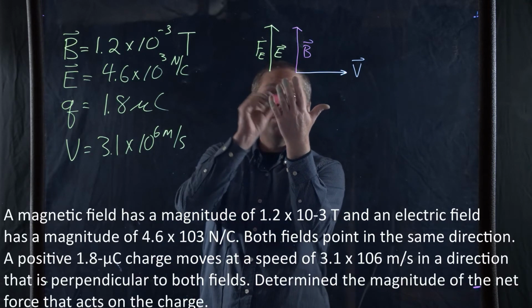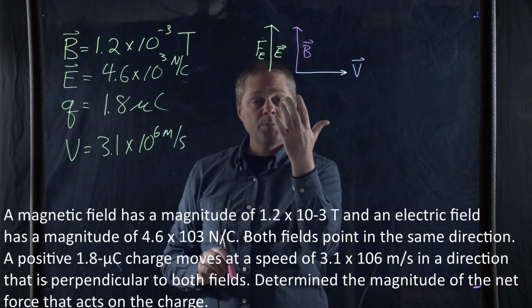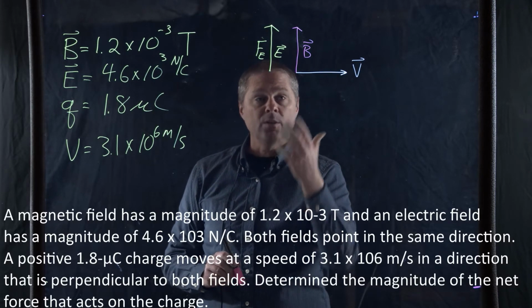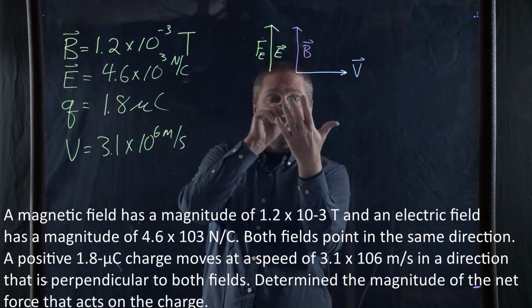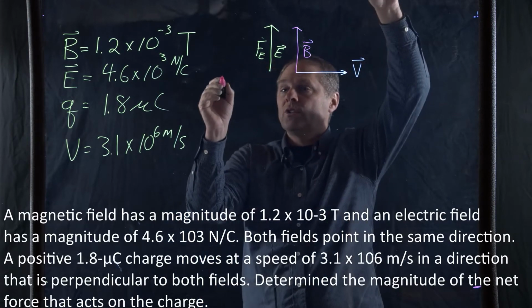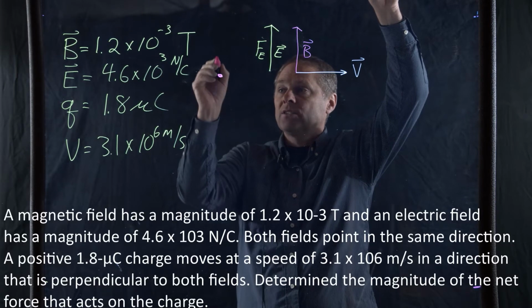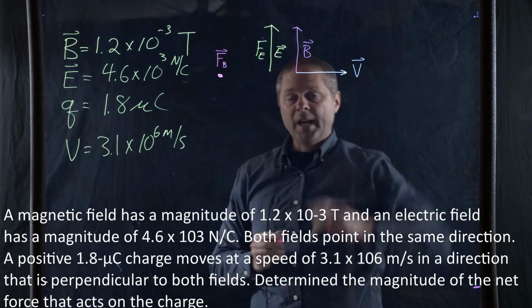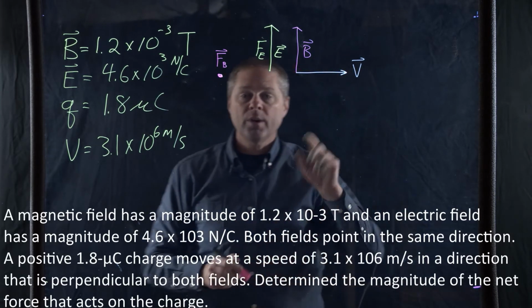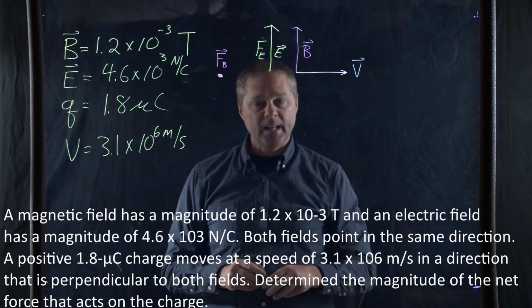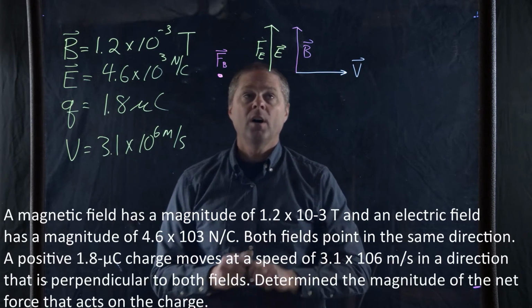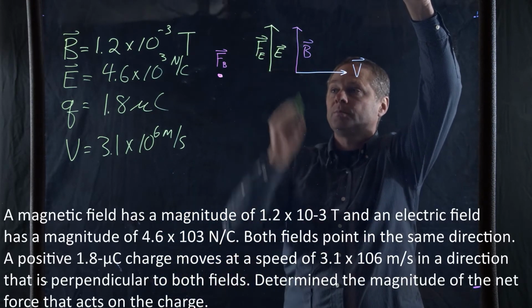Your palm represents the force due to the magnetic field. Since it's coming out at you, you draw that as a dot. If it were going away from you, it would be an X. That's how you get the distinction of the direction of all the different forces.